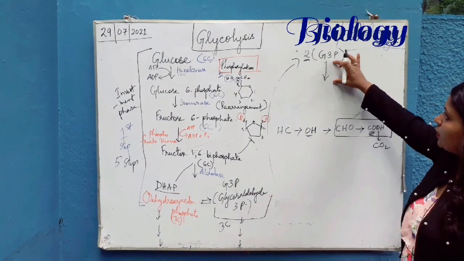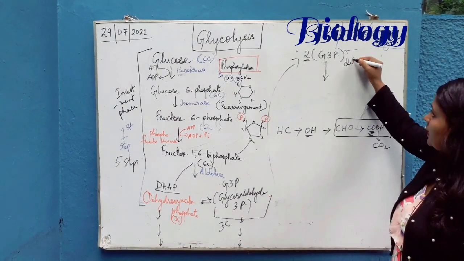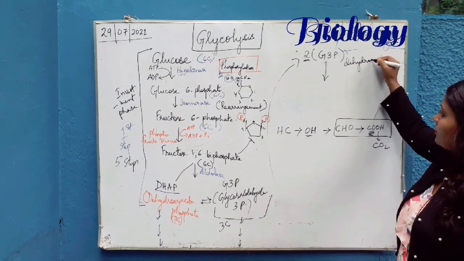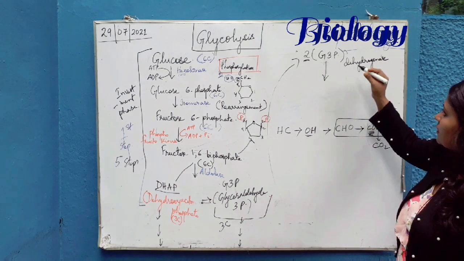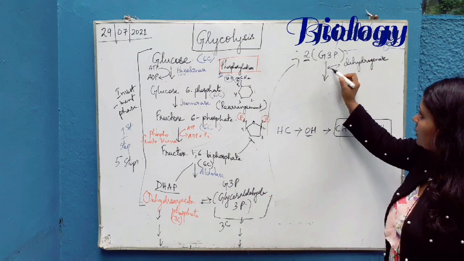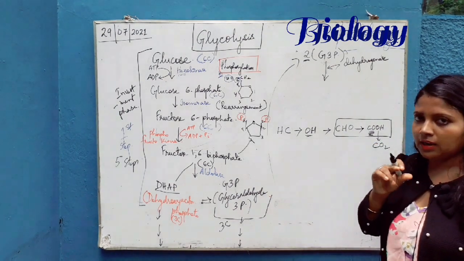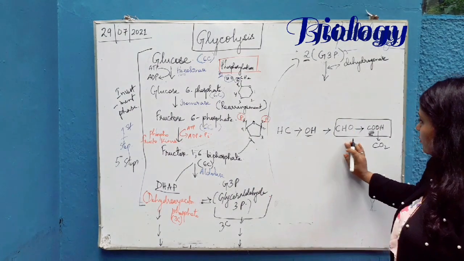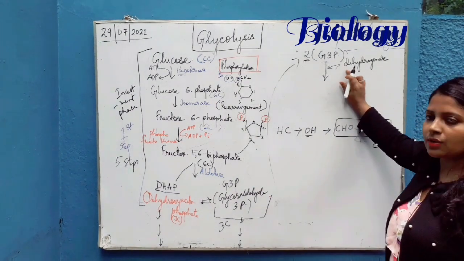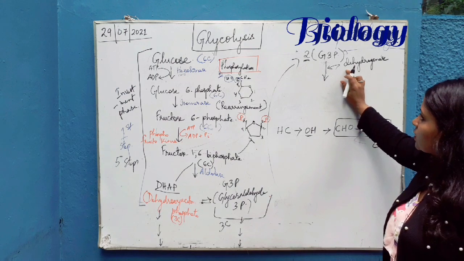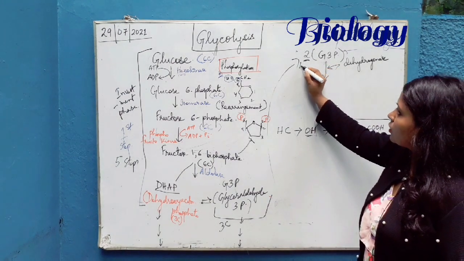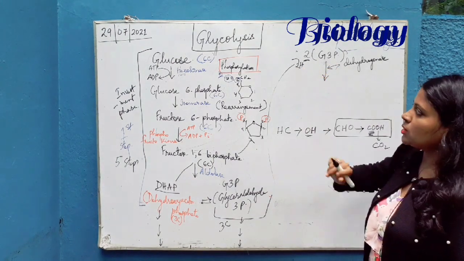Now, during this step, dehydrogenase enzyme, which is present in the cytoplasm, will help to remove the hydrogen atoms. Whenever there is a dehydrogenase process, the hydrogen will be removed. So, 2 hydrogen atoms have been removed.